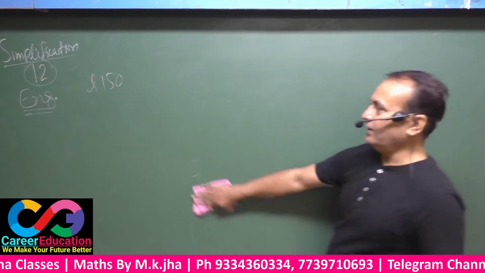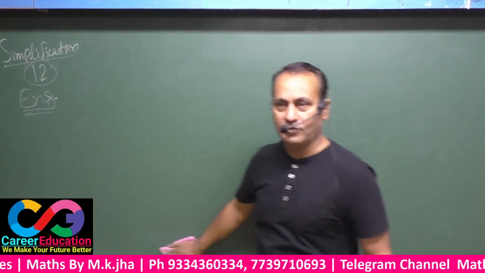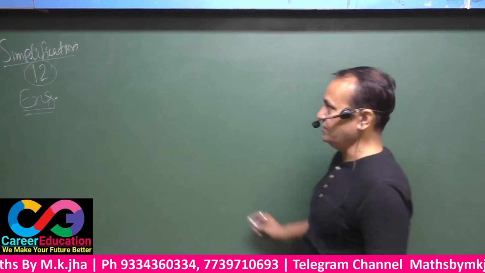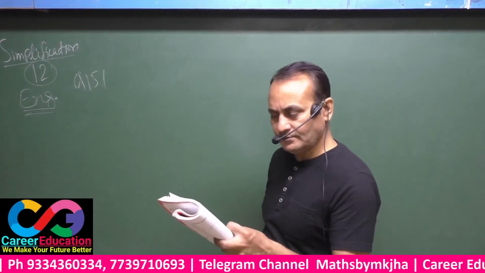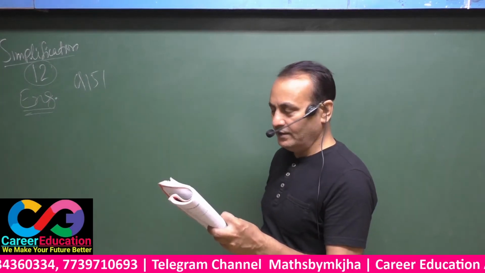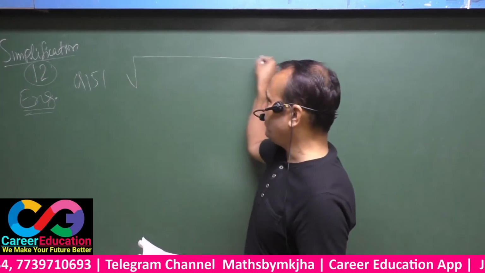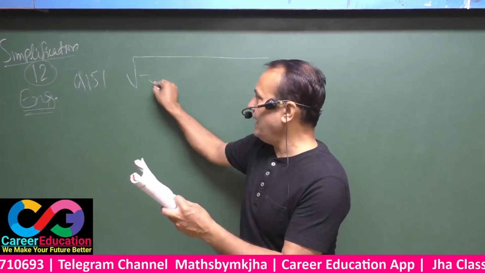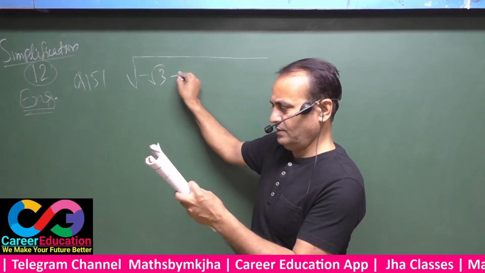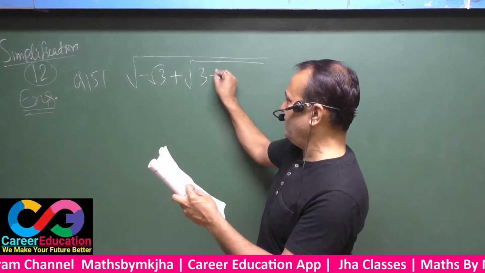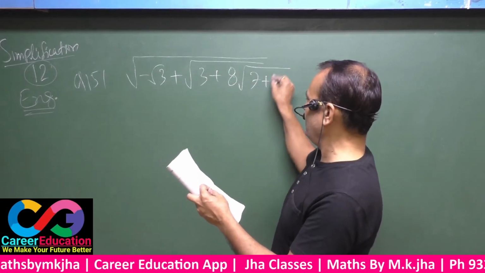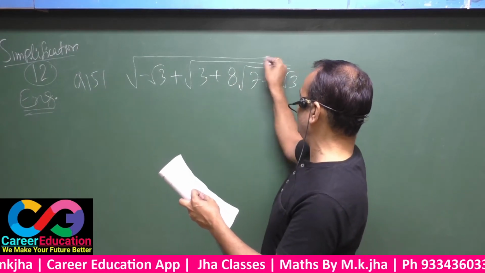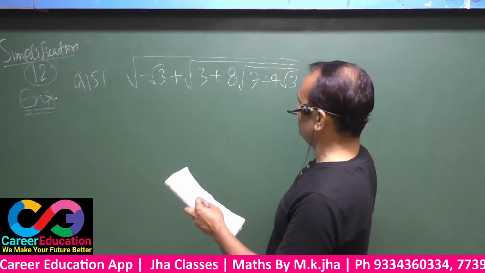Now coming to 151. Again, the question is based upon the same situation. Minus root 3 plus under root of 3 plus 8 under root of 7 plus 4 root 3 equals to what?